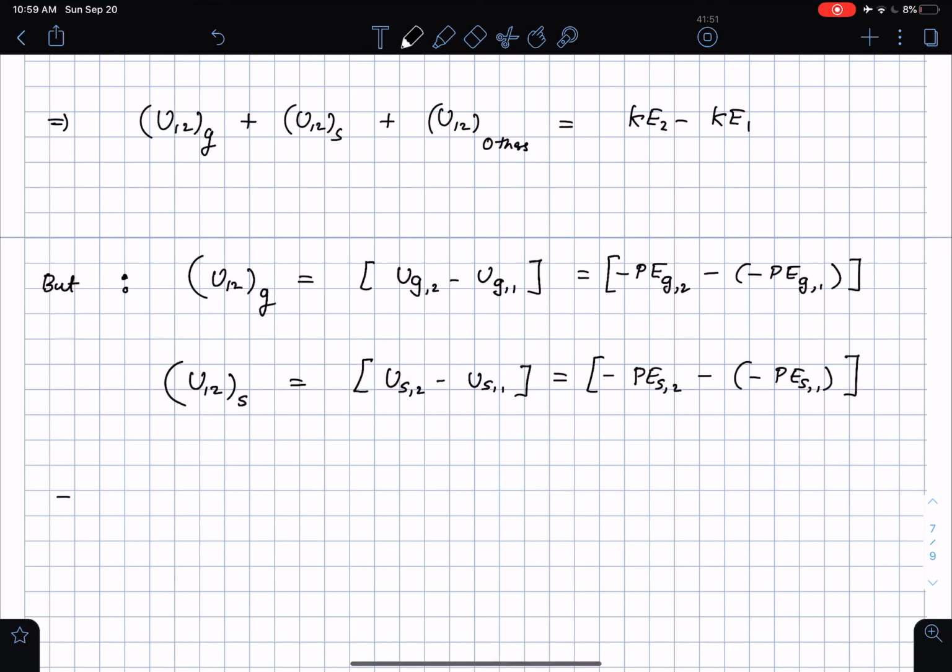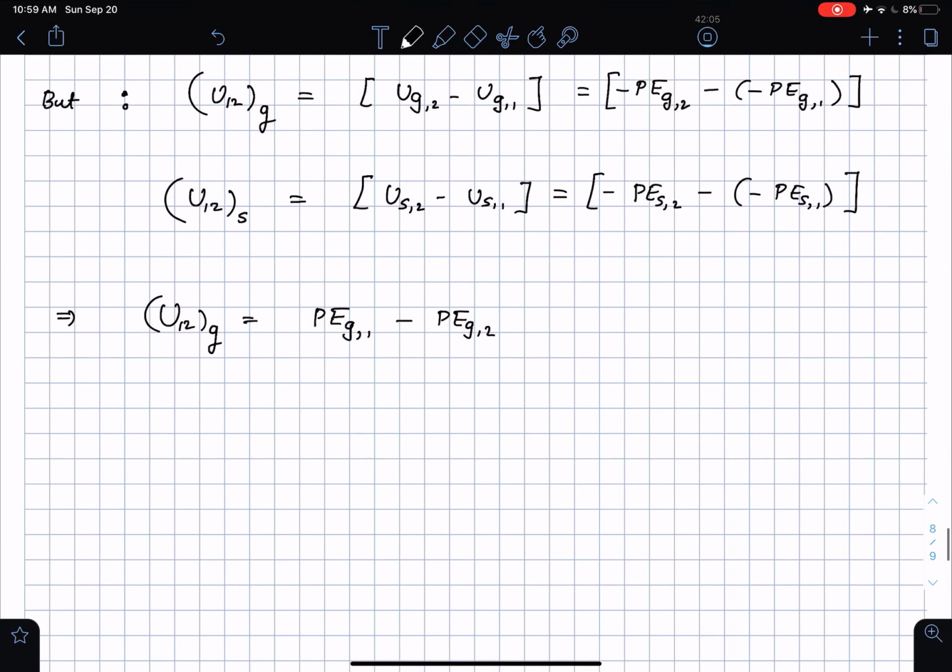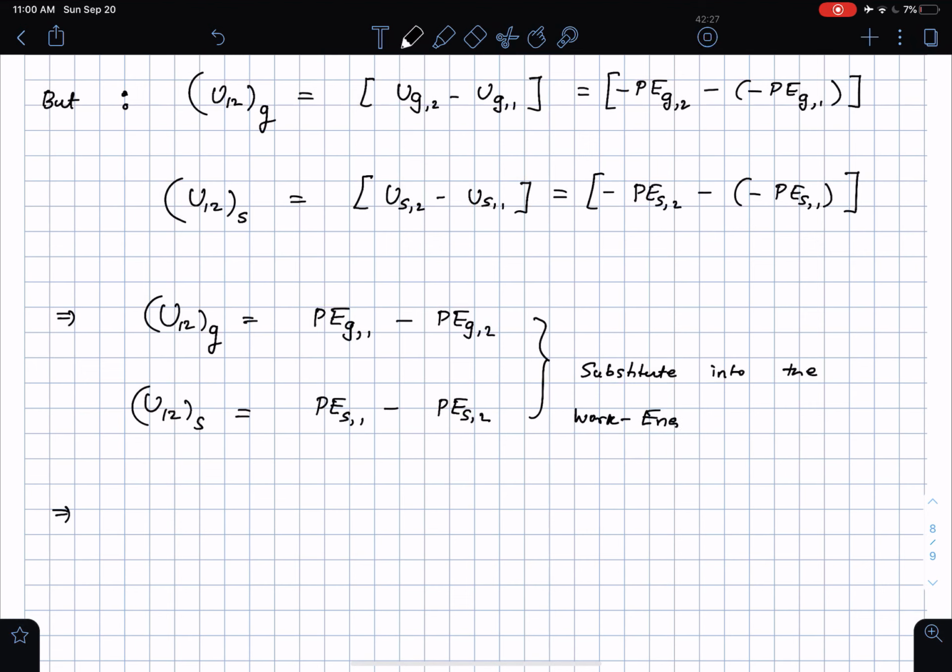Which implies that U1 to G, I can write as the following. Negative becomes a positive, so this is PE G1 minus PE G2, where PE is potential energy. U1 to spring is PE S1 minus PE S2. And so if I do the substitutions into the work energy theorem, I have the following.